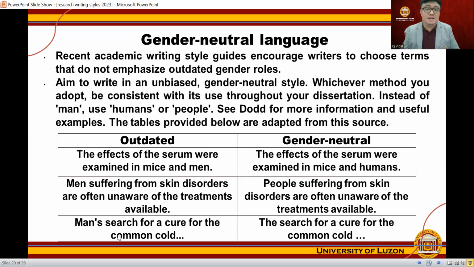Or in the third example, we have it reworded in this way: the search for a cure for the common cold.